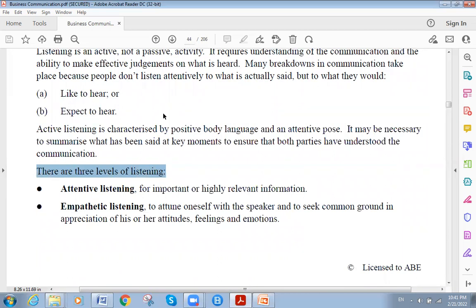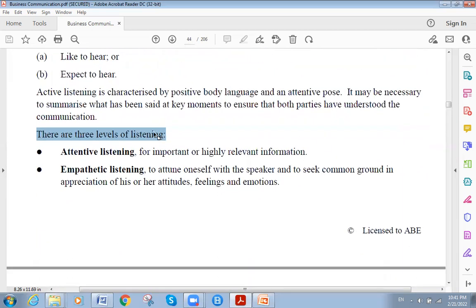There are 3 levels of listening. Those are attentive listening for important or highly relevant information. You are very attentive and pay so much attention because of the important information.